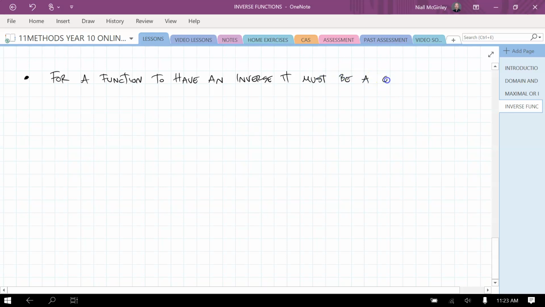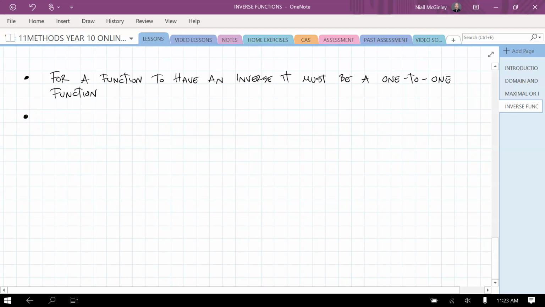Yes, it must be a 1-to-1 function. So only 1-to-1 functions will have inverses. That's the first piece of information that we've got here.